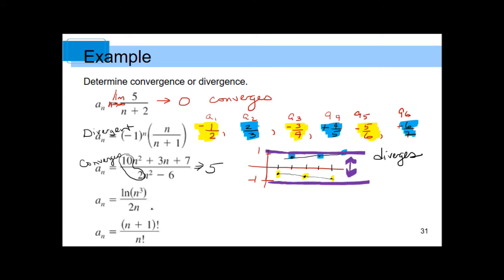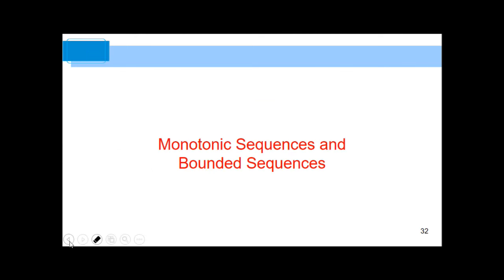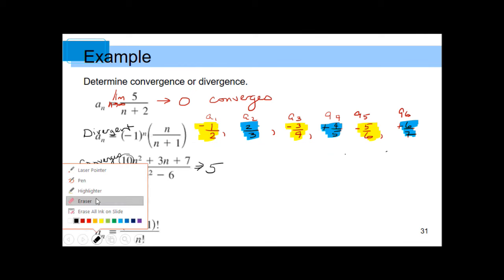Okay, let's look at natural log of n cubed over 2n. When you throw natural logs in there and you want to determine if it converges, just remember that we have rules of logarithms, which could possibly help, and we have L'Hopital's rule, which perhaps could help.